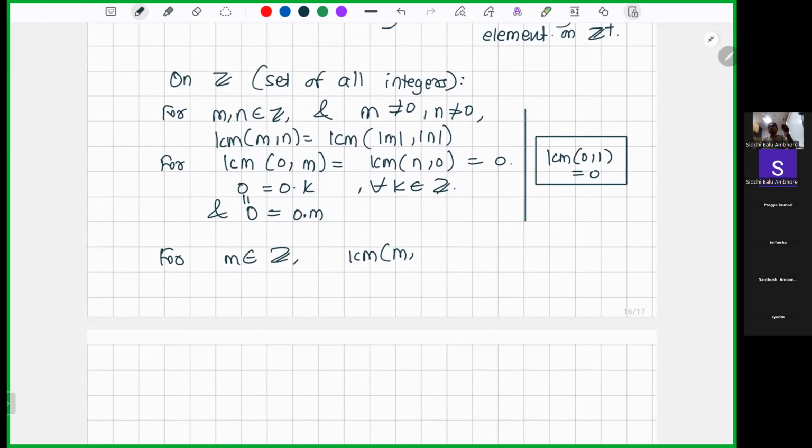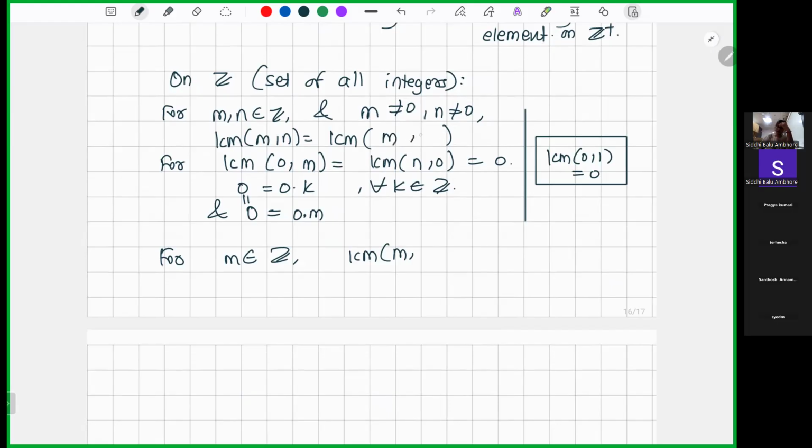So for positive integers, and for negative integers, it was not a problem because we anyway were taking LCM of m and n to be LCM of |m| and |n|. Wait, do we need to have |m| and |n| here? No, right?